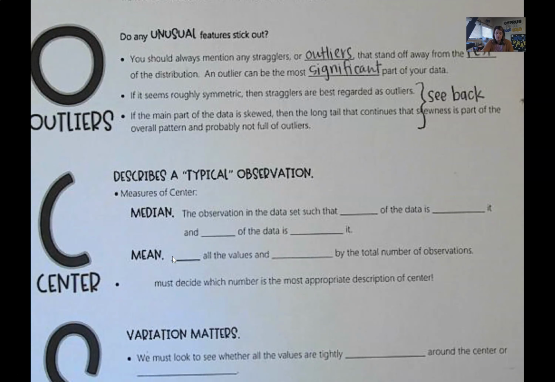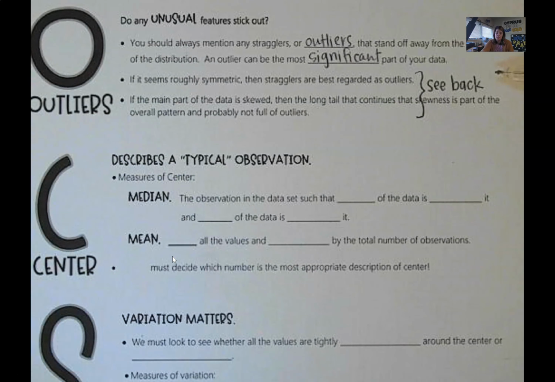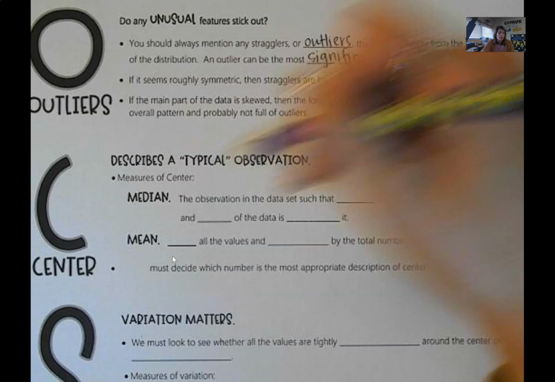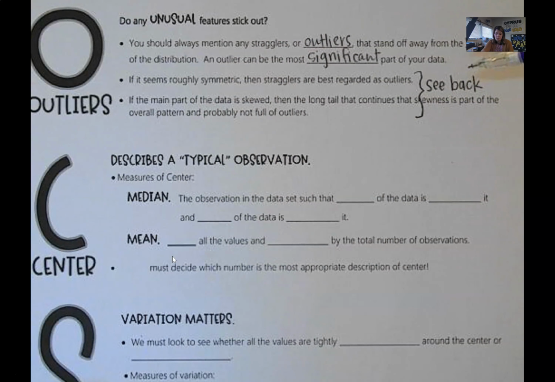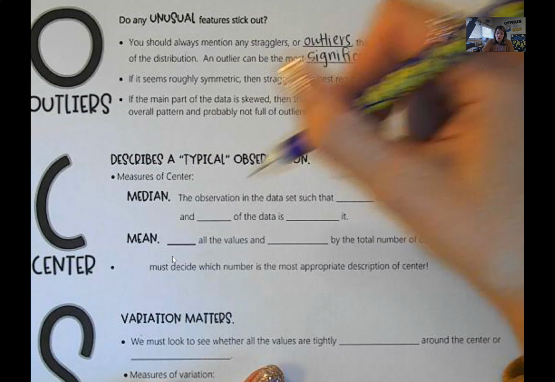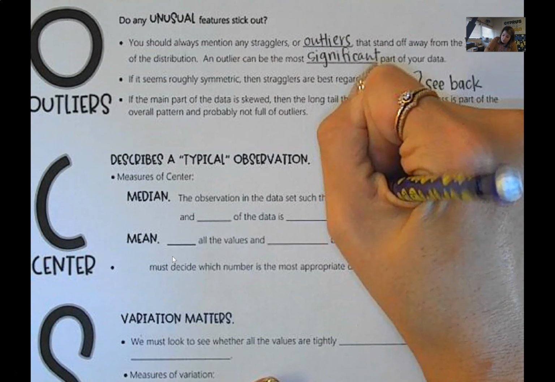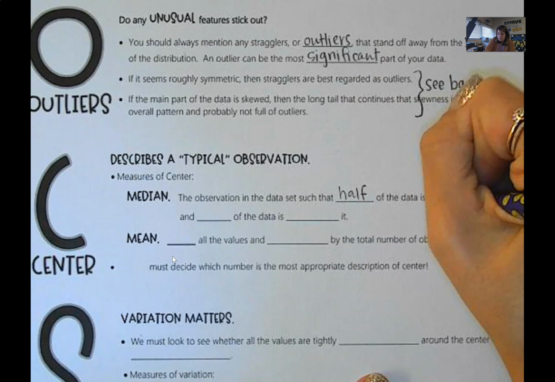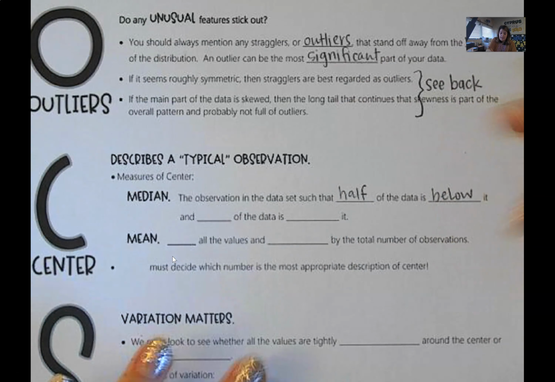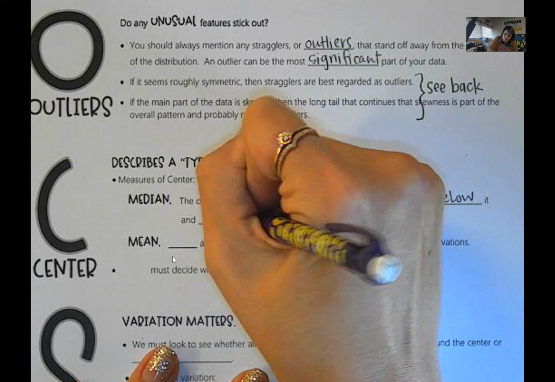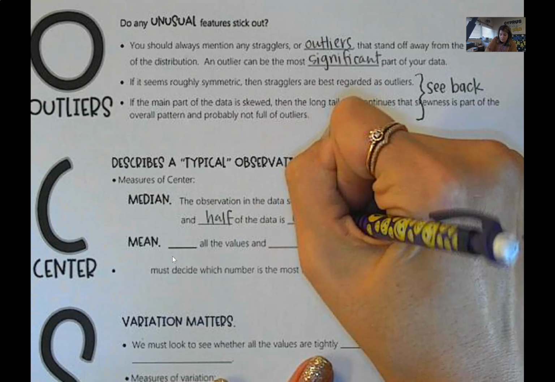And there are two things that we can use to measure center. One of them we've been working on quite a bit, and that is the median. The median is the observation in the data set such that half of the data is below it and half of the data is above it.